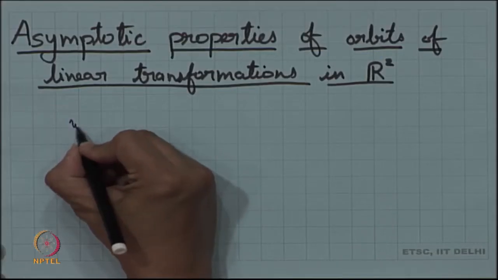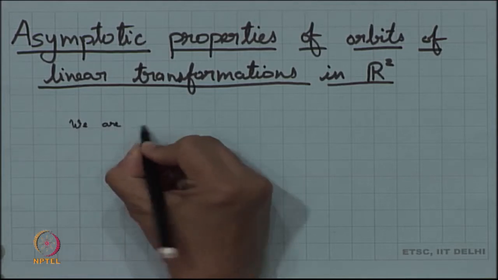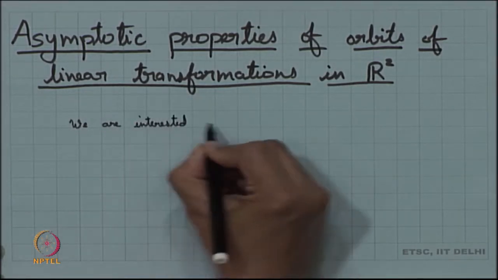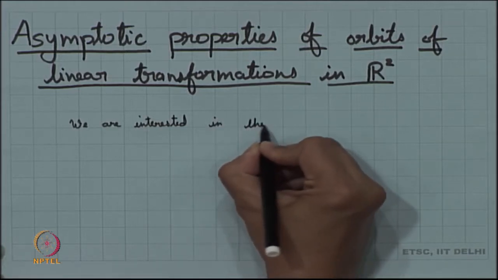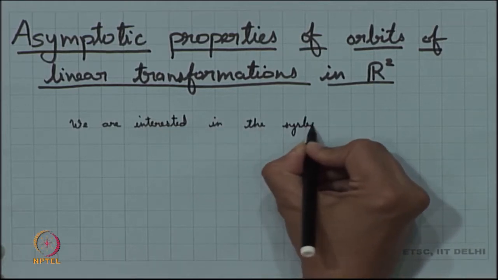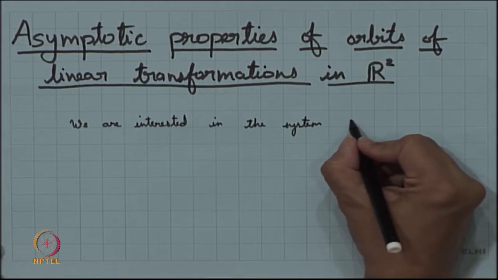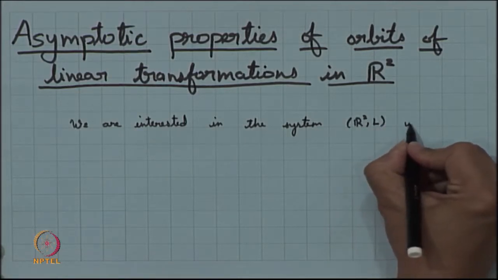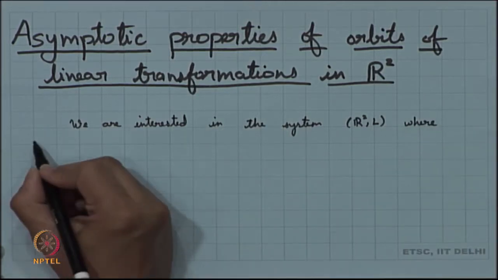So, basically we are interested in the system R square, L, where L is a linear transformation.